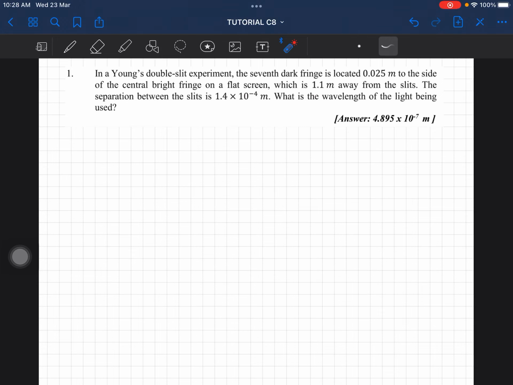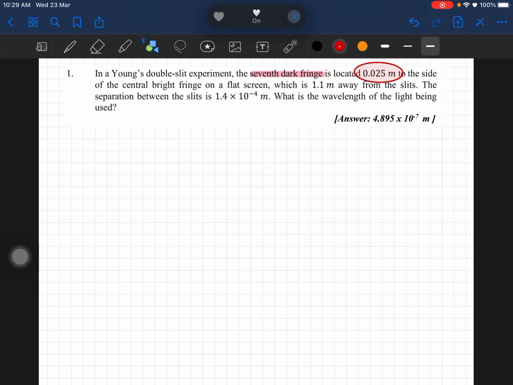Okay, so the first question: in a Young's double slit experiment, the seventh dark fringe is located 0.025 meter to the side of the central bright fringe on a flat screen. It is 1.1 meter away from the slit.